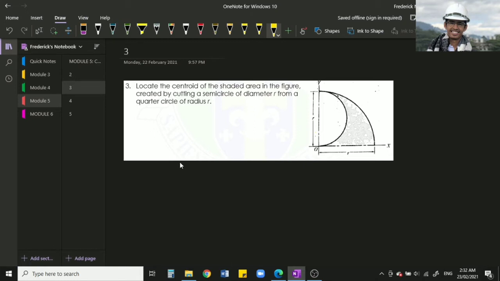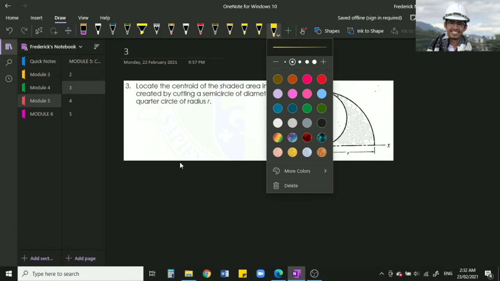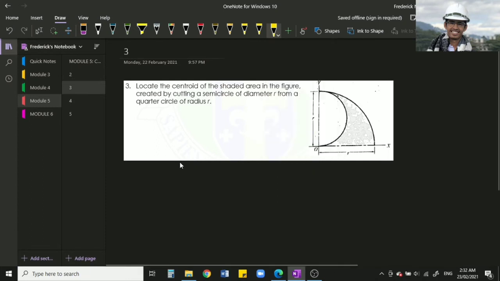Yung nilolocate lang natin na centroid is yung shaded area, okay? So ganun lang ulit yung gagawin natin. Iti-table ulit natin. So dito yung mga part natin. So first is yung quarter circle natin, okay? And then yung semicircle natin, okay?